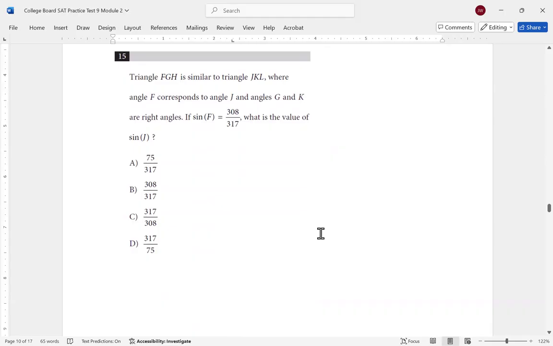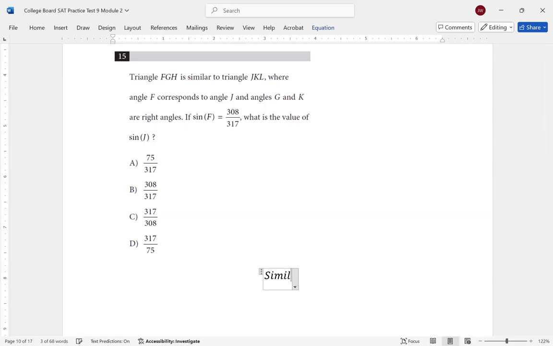Question 15. Triangle FGH is similar to JKL, where angle F corresponds to angle J, and angles G and K are right angles. If sine of F is equal to 308 over 317, what is the value of sine of J? Now you could draw a picture if you'd like, but it's actually not necessary in this scenario.